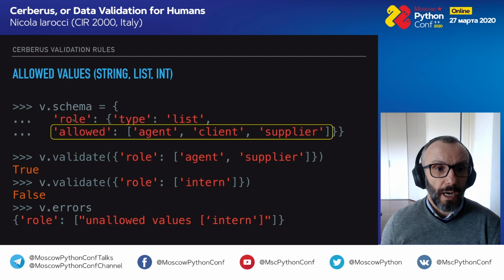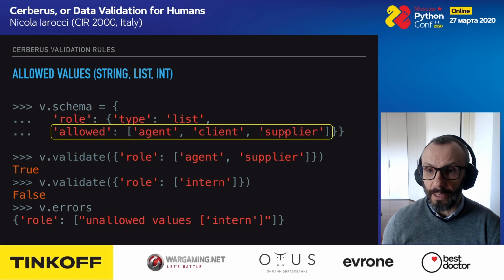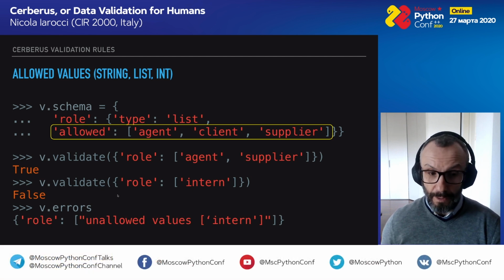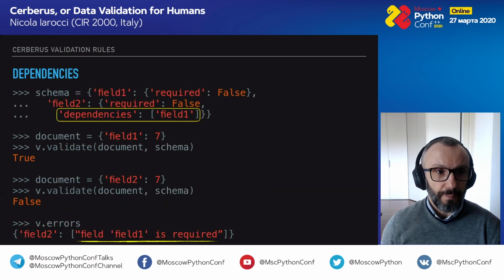So here we have a role field of type list, but we only want to allow agent, client, and supplier as value for this list. So the first document here validates because we are providing valid, supported values, but the second document is not accepted, validated, because intern is not allowed.